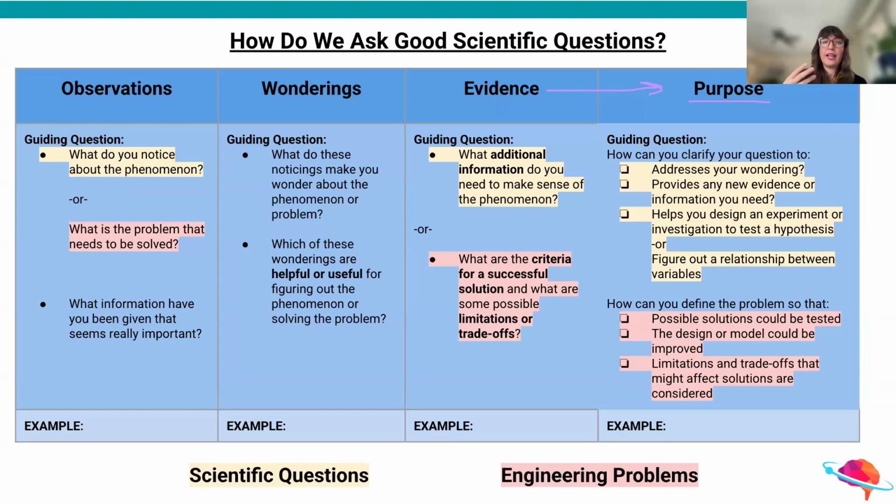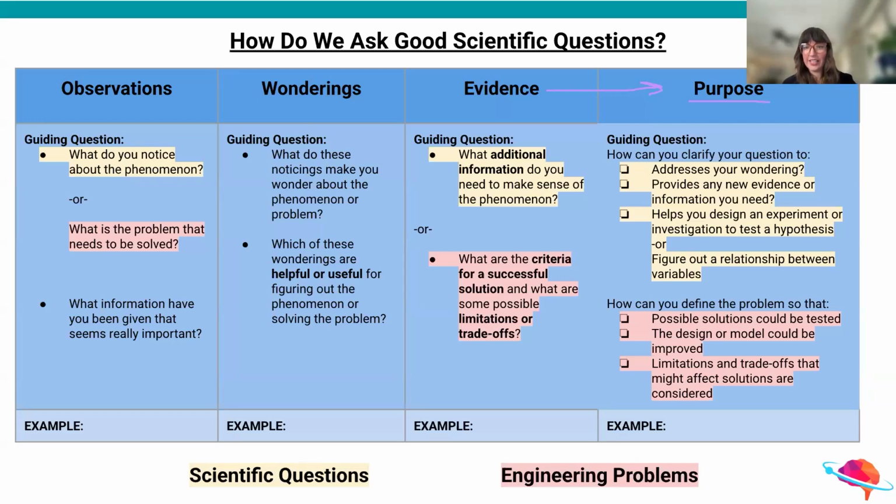How could it help you design an experiment or investigation to test a hypothesis that you have? Or how could your question, in this case, especially because we're thinking about data, help you figure out a relationship between variables? Remember, the CCC is cause and effect here. So that's something to tuck away. If we're working with engineering problems, we could ask instead, what are some possible solutions that could be tested?